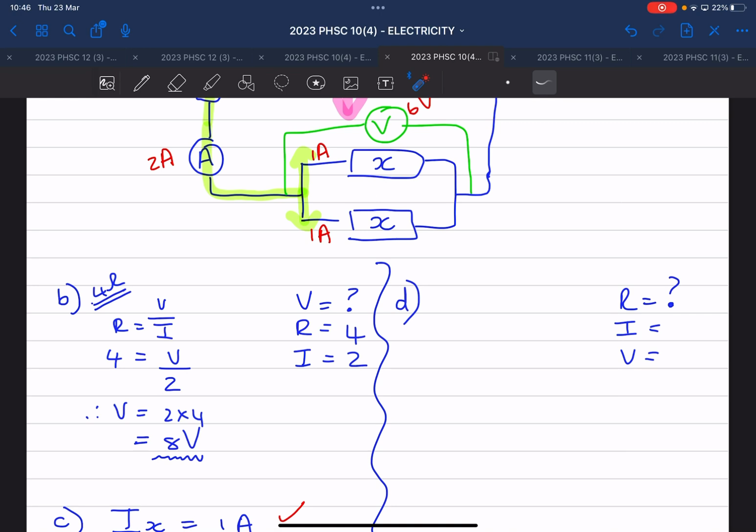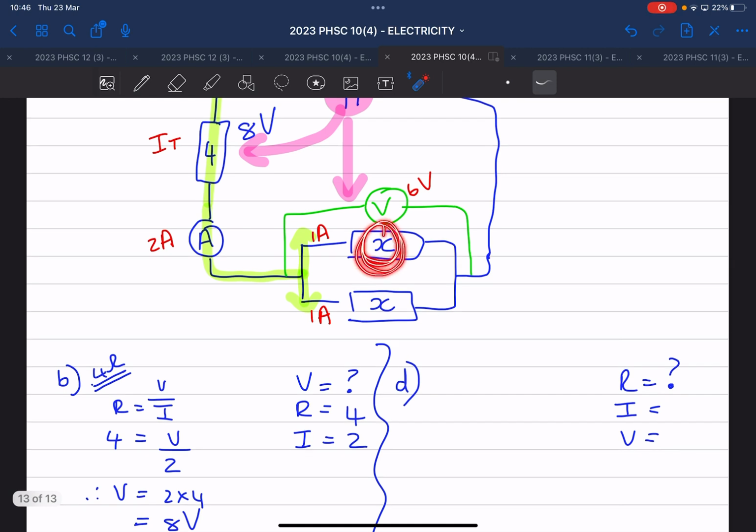Alright. Where are we now? If we want to calculate X, what is the current? No, it's a separate answer. My question is, for X, what is the current? 1. Alright, and Tando, what is the volts? I want the volts for X. 6.